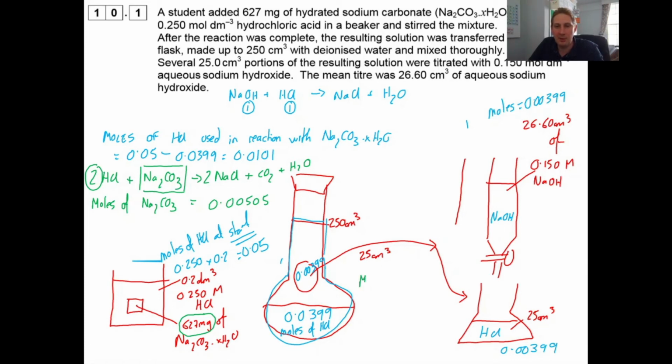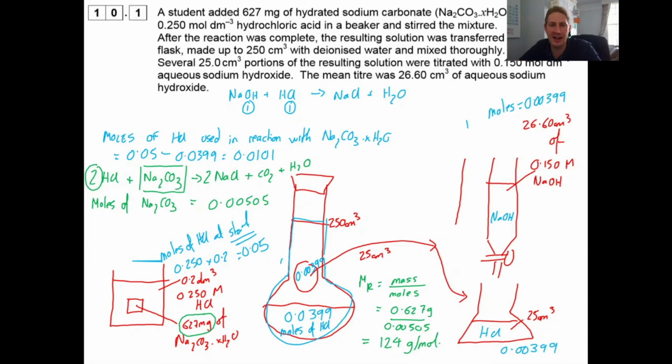We know that Mr is mass over moles. The mass is 0.627 grams. Number of moles is 0.00505. So the Mr is 0.627 divided by 0.00505, 124 grams per mole.